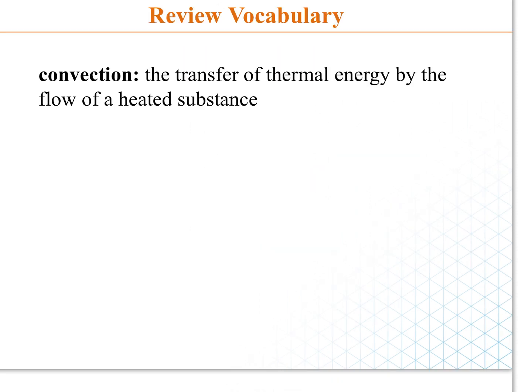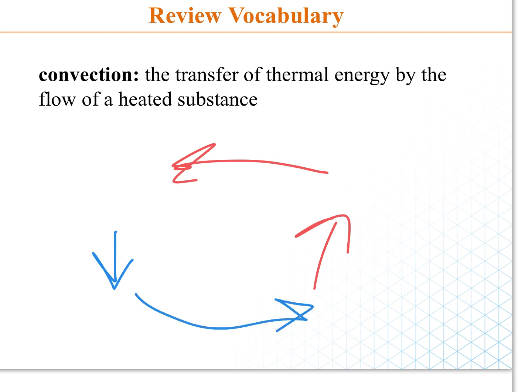Quick reminder about convection, right? Warm air rises and cool air sinks. So cool air sinking and warm air rising. And so warm air coming across, cool air sinking and coming this way.